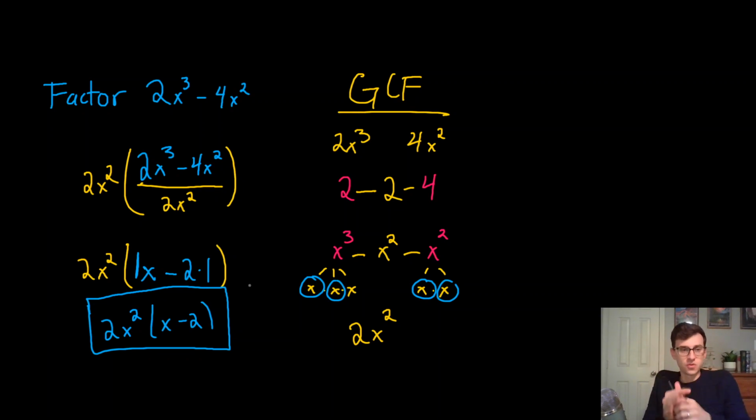And that gives you your final answer, right? We're taking a 2x squared, it's like I'm removing it. Rather than distributing it in, I'm factoring it out. When I take a 2x squared out of 2x cubed, I get x. When I take a 2x squared out of 4x squared, I get 2. So my final answer is 2x squared times x minus 2.